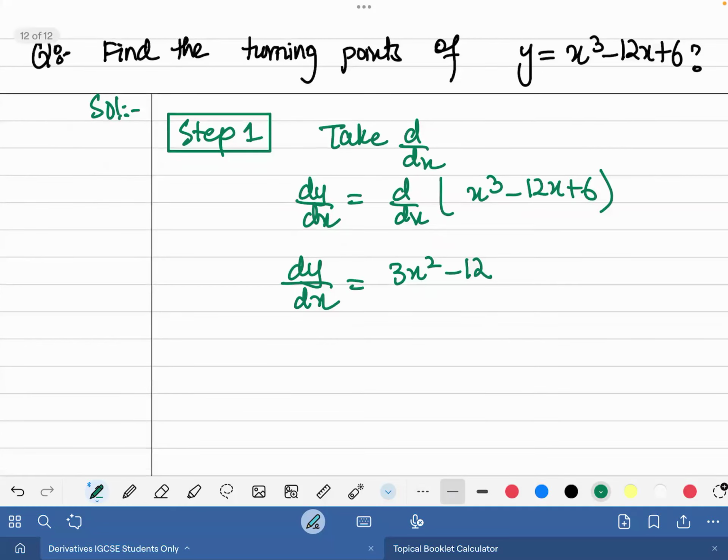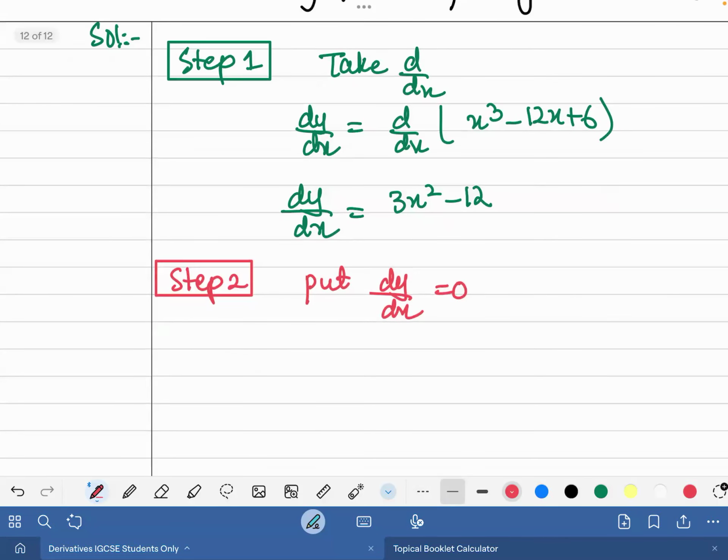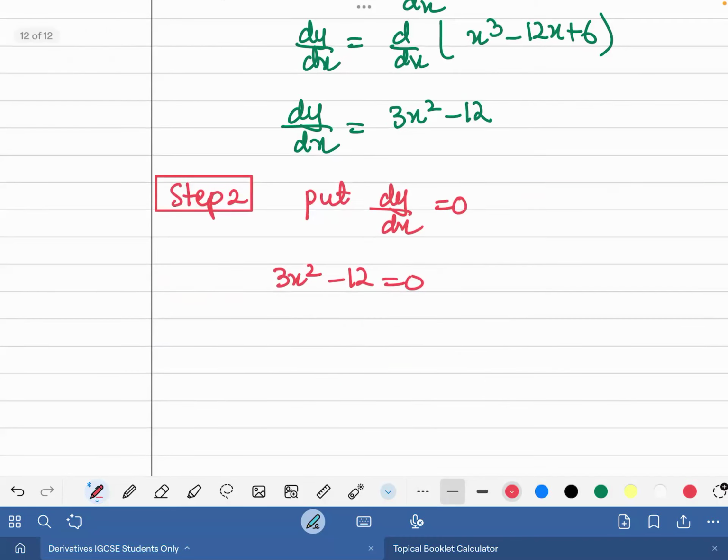Now step 2: put dy by dx equals 0. So it means 3x square minus 12 equals 0. So I can write 3x square is equal to plus 12. X square is equal to 12 divided by 3. X square is equal to plus 4.